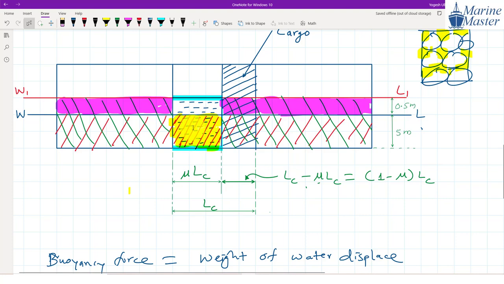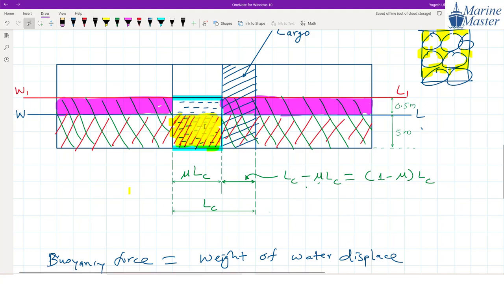To compensate that lost buoyancy, this portion that I have highlighted in pink will contribute to that loss.